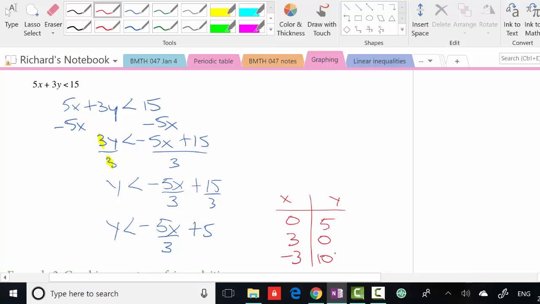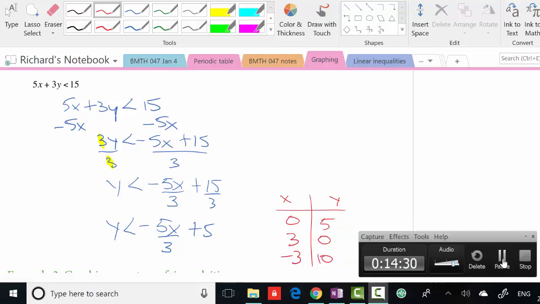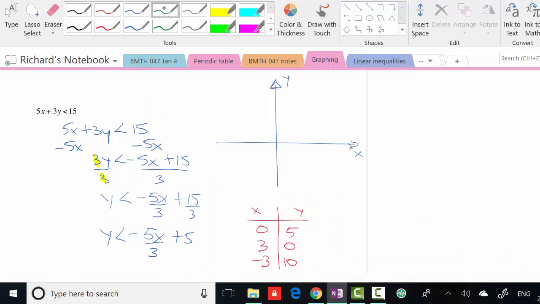Again, this boundary line will have a negative slope because of the negative sign in front of the term containing the variable. Now I'm going to make a graph of the boundary line. So I'm going to plot my points. When x is 0, y is 5. Fine, I will say it's there. When x is 3, y is 0. We'll say it's there.